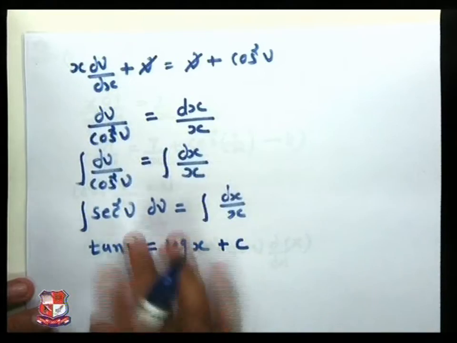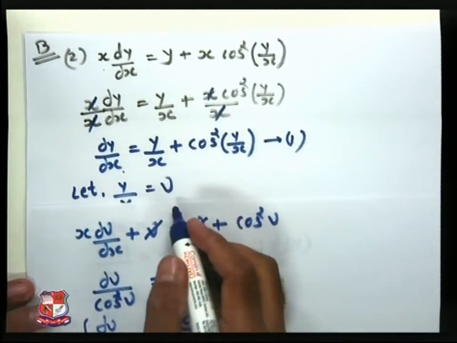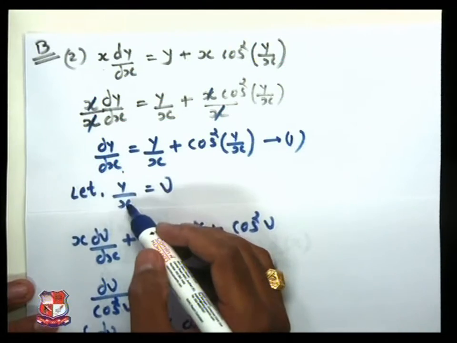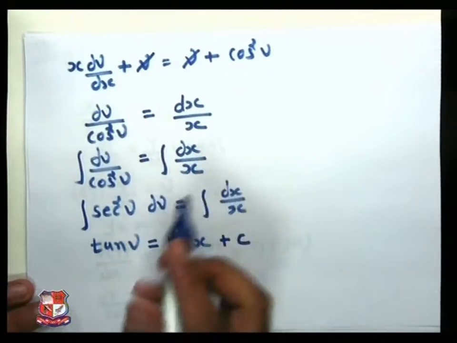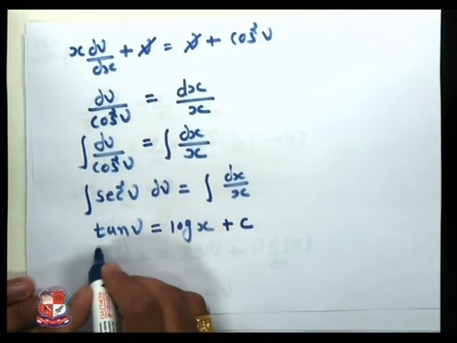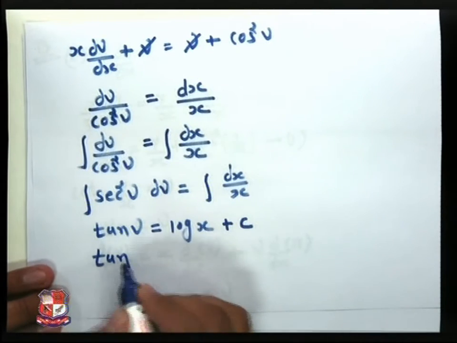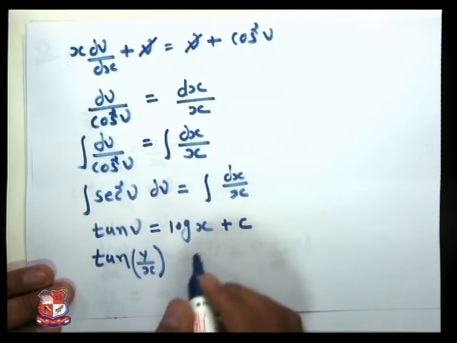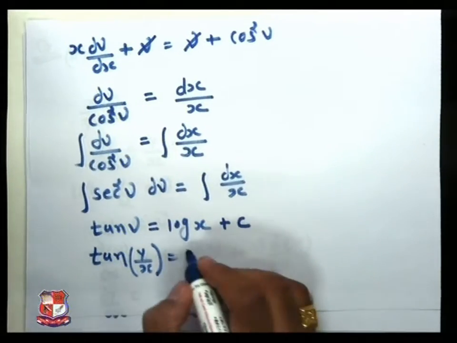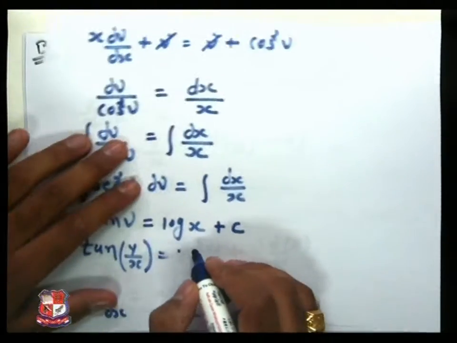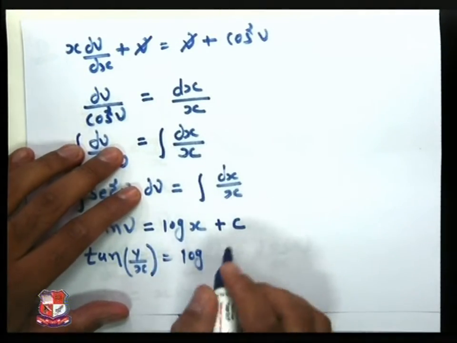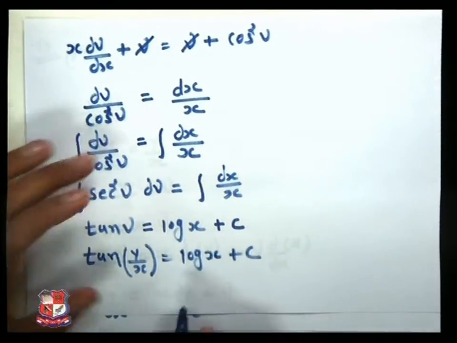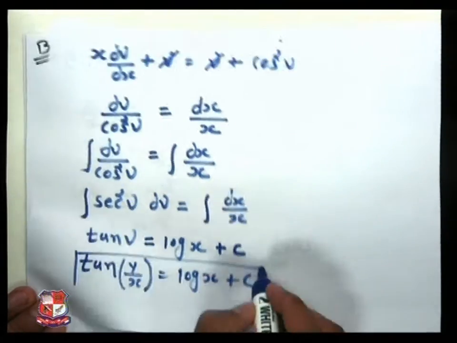But v is our assumed value, so we replace v by the original value y by x. So our final result is tan y by x is equal to log x plus c. So this is our final answer.